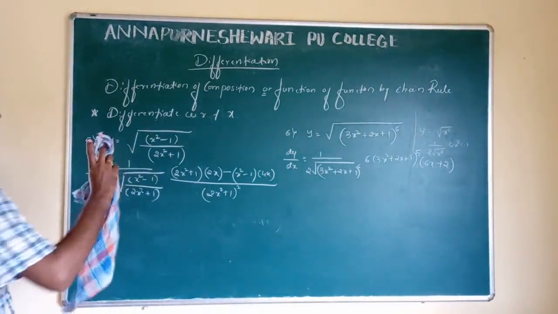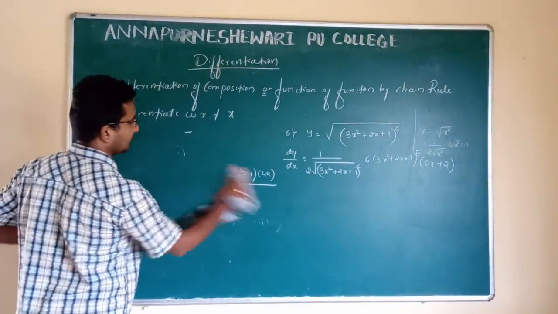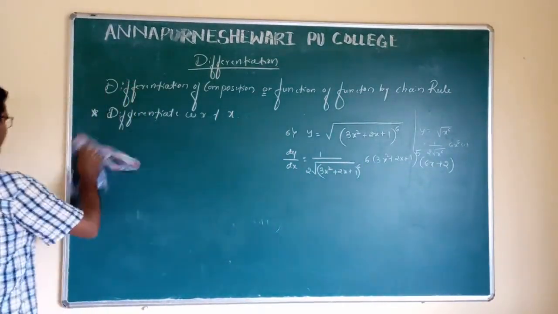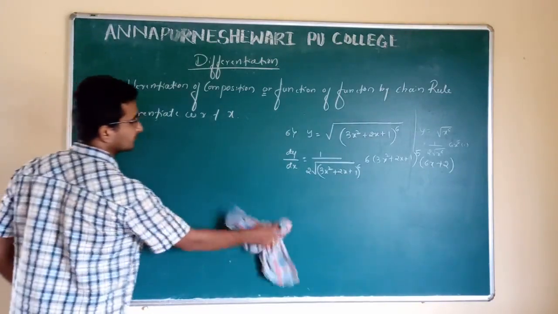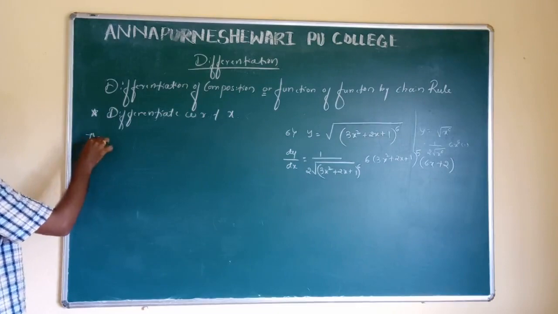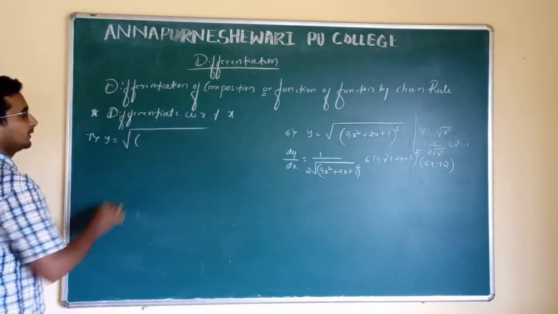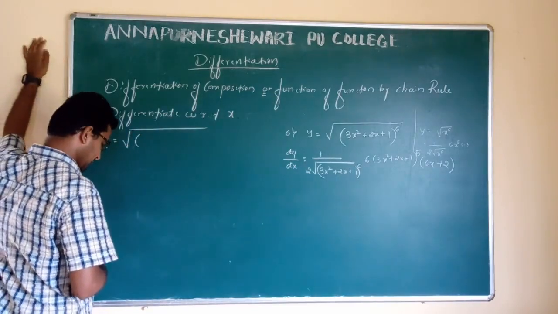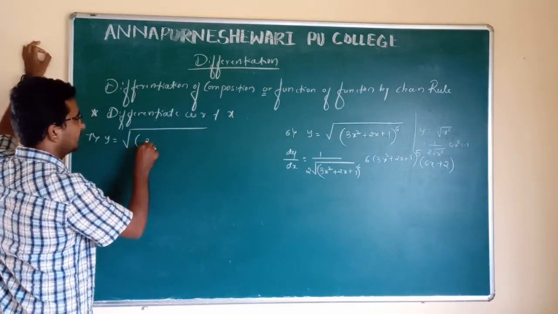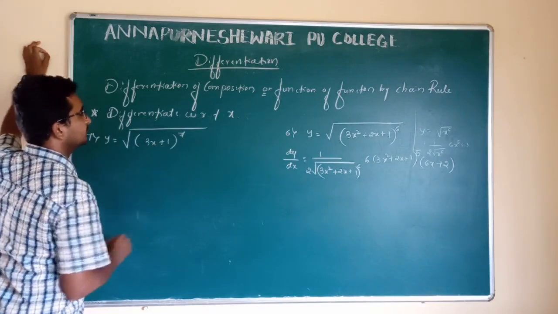So again I am going to take the same type of example, the seventh one. y equal to whole root of, which one shall I take here? That is 3x plus 1 whole raised to 7.